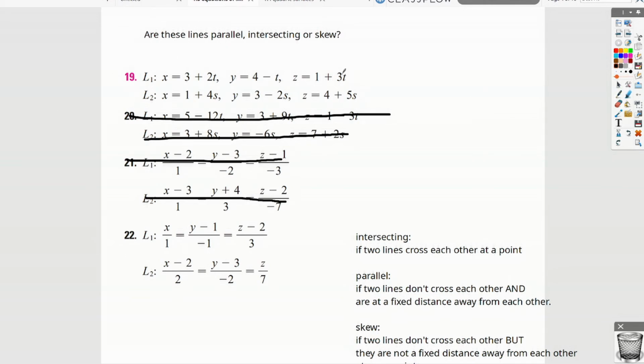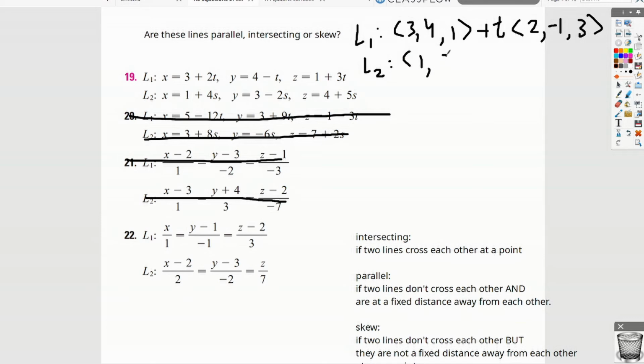So we can rewrite line 1, L1, as <3, 4, 1> plus t times <2, -1, 3>. And then L2, we can rewrite that as <1, 3, 4> plus t times <4, -2, 5>.